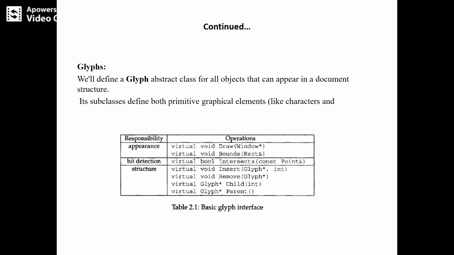Here the return type is void, insert glyph. What type of glyph operations or basic operations are required? Insert, remove, and if you have parent and child nodes, then we need child and parent. These are the structure operations of the glyphs.